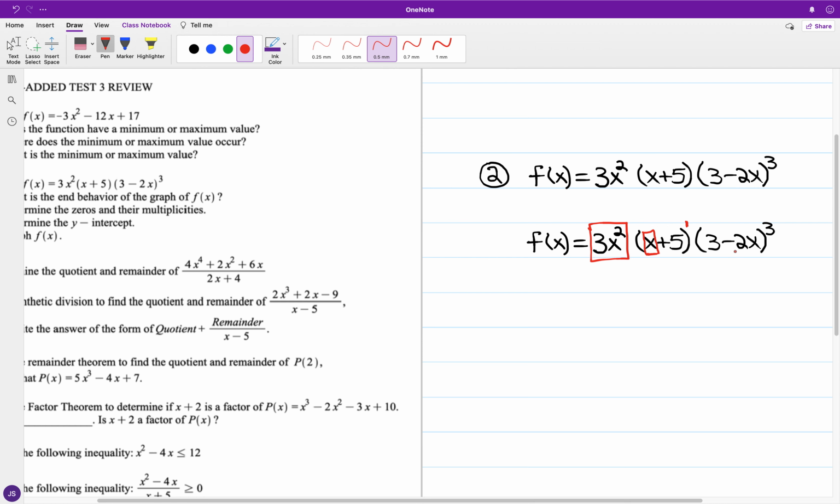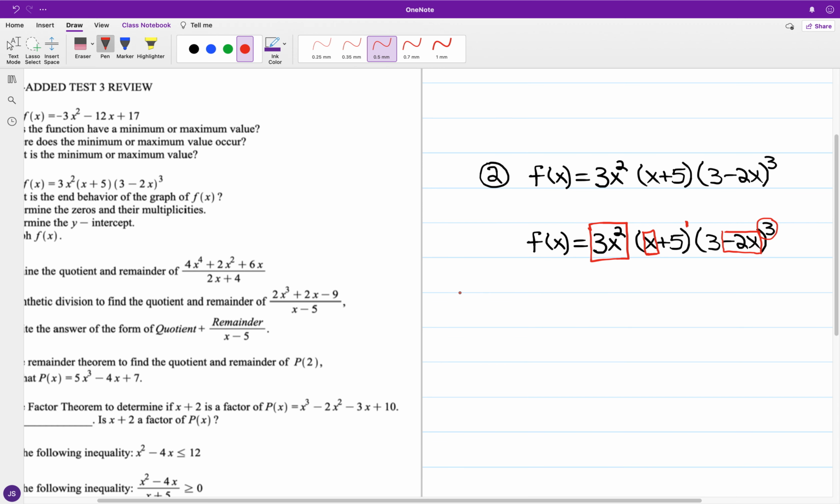Now for 3 minus 2x to the third, between 3 and negative 2x, the higher order term happens to be the one that appears subsequently, which in this case is negative 2x, and that is going to be to the third power.